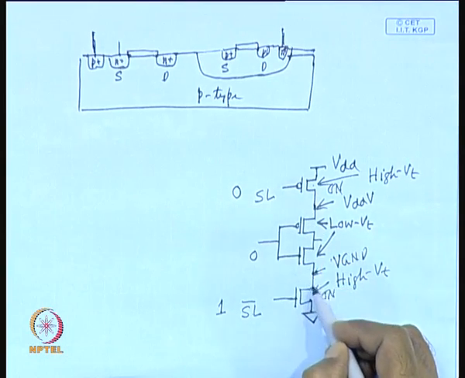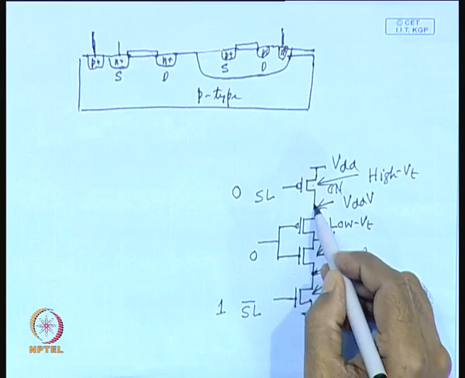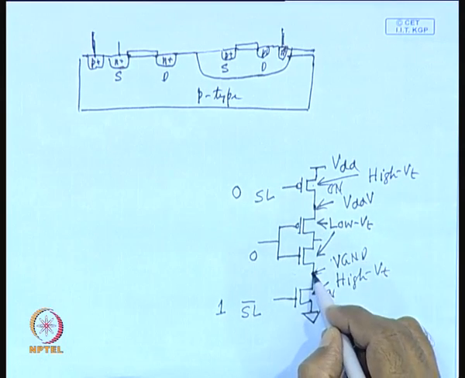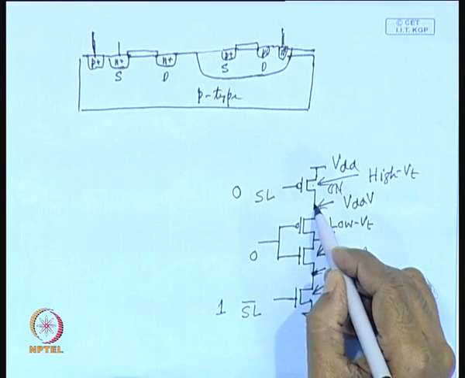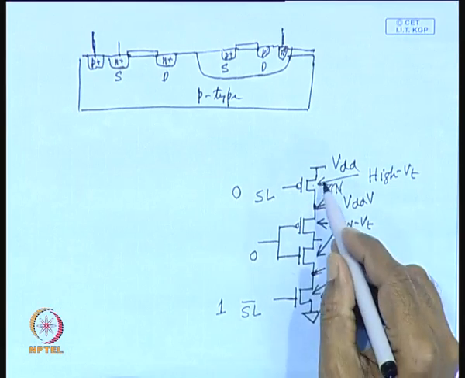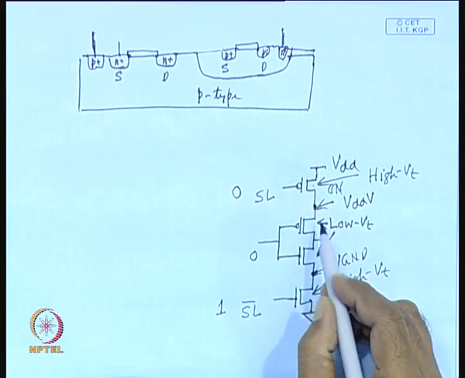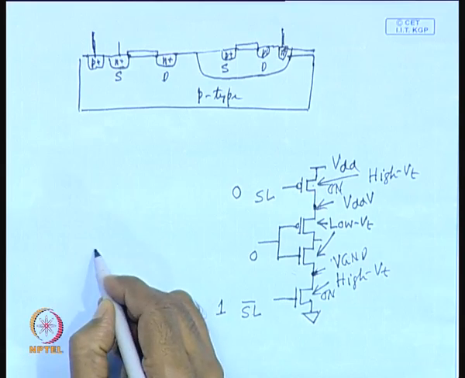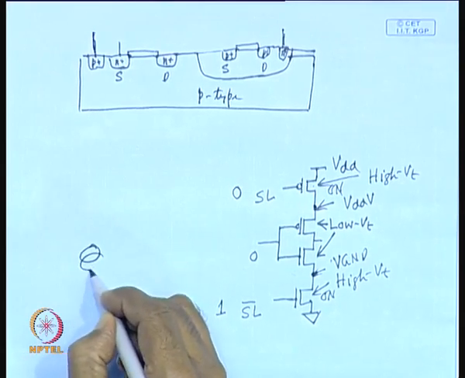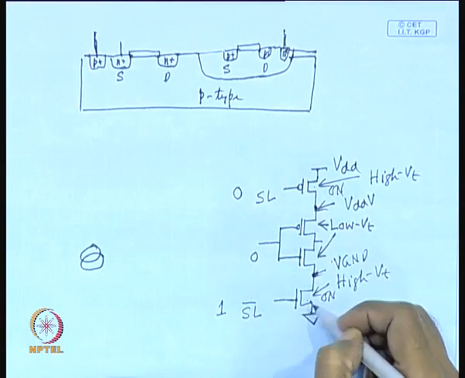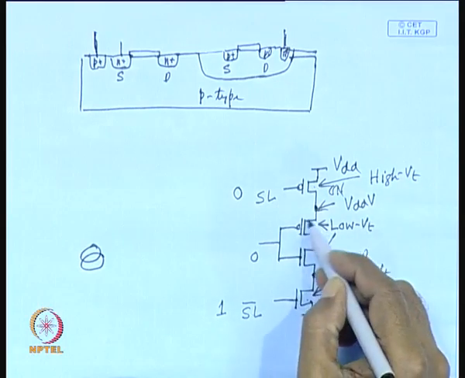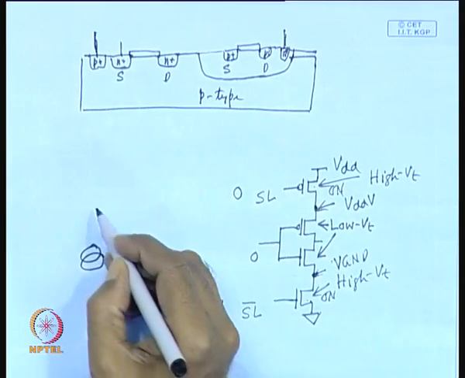This point and this point are no longer virtual ground and virtual VDD. You may say, what current will flow through this? Actually, you may say that now the high VT transistors are in series with low VT transistors.